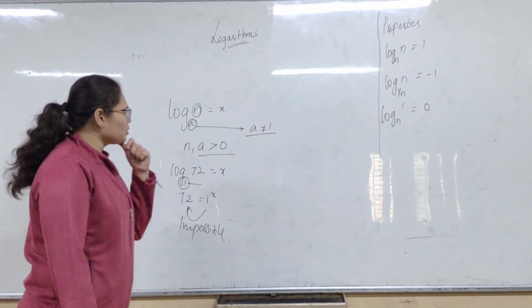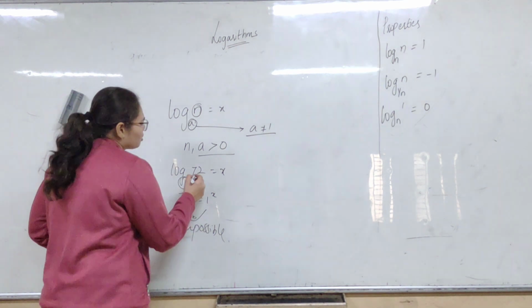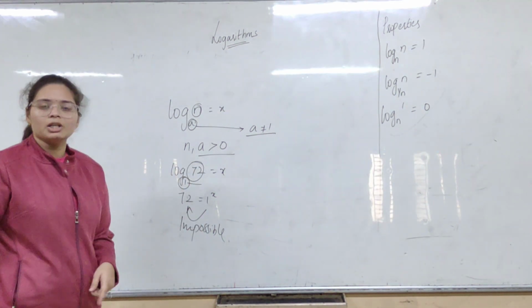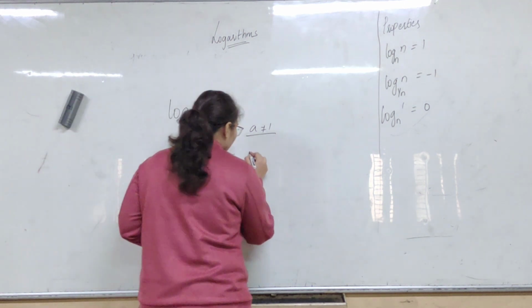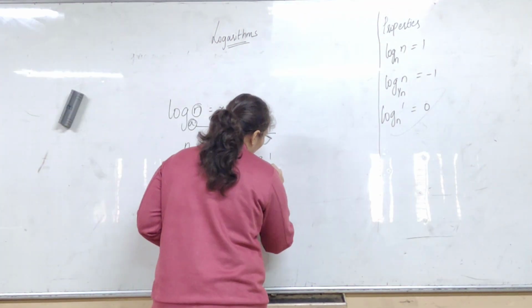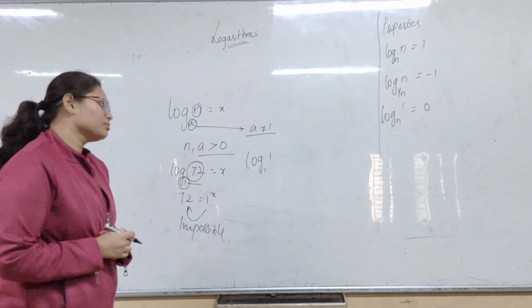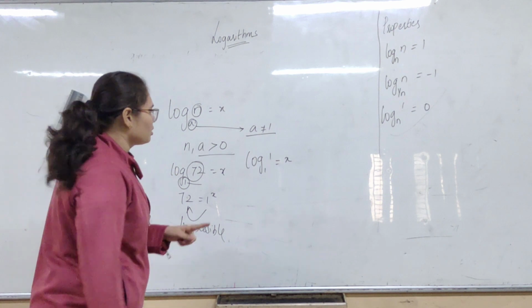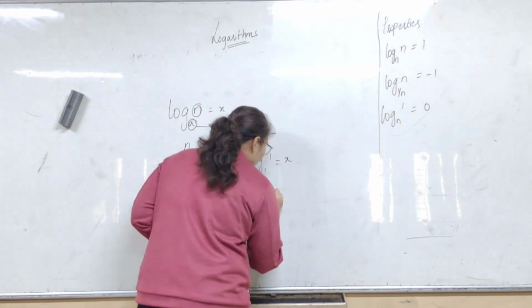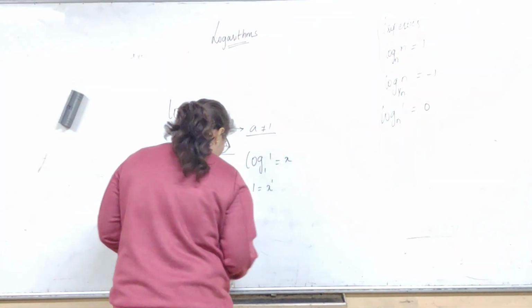Right? Okay. Some people will be getting that doubt: I will replace this 72 with 1 so that I can get 1. Right? No, actually. See, let's take log 1 to the base 1. Right? So it should be taken as x. Right? So 1 is equals to 1 power x.